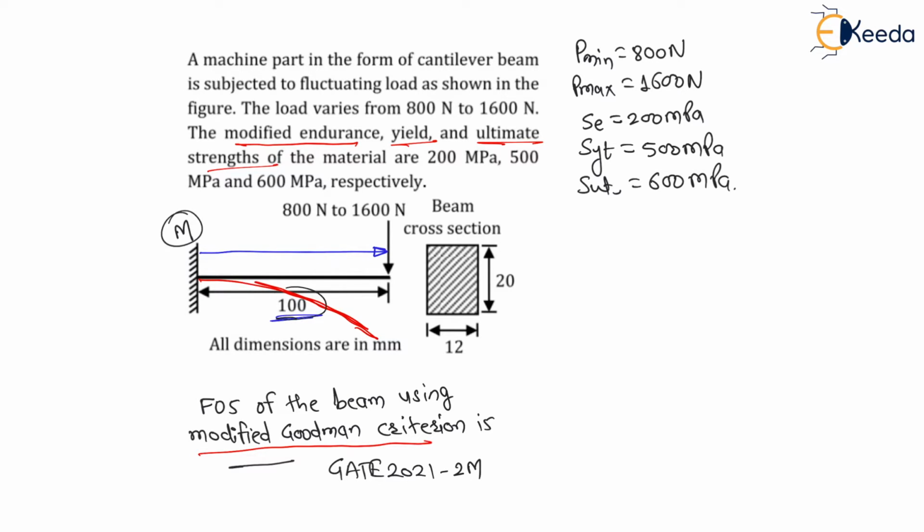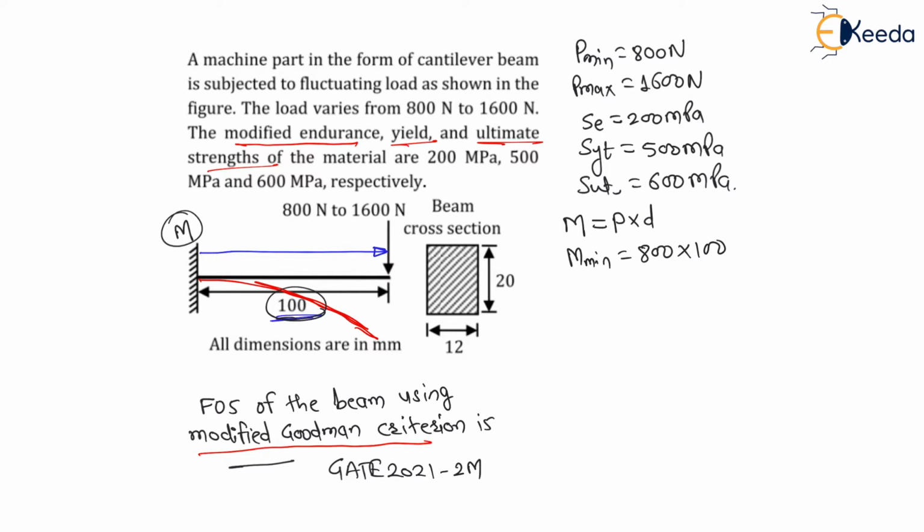Therefore we have to consider the total distance for getting the maximum bending moment. As the force varies from minimum to maximum, the bending moment will vary from minimum to maximum. The bending moment M is force into distance. The minimum force is 800, and the distance of the fixed end from the force is 100 mm.